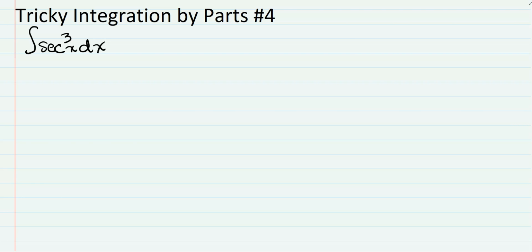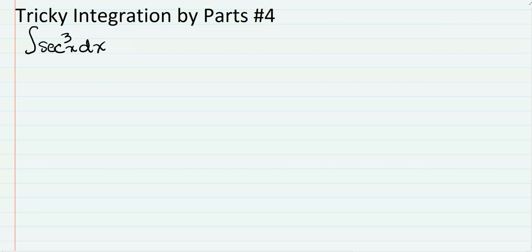Because you know the antiderivative of secant square, which tells me I should split this into two parts, secant square multiplied by secant. So I would then be thinking integration by parts.